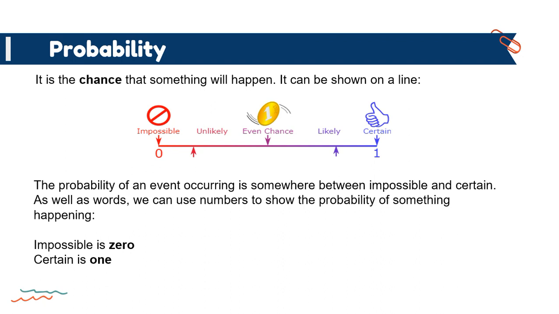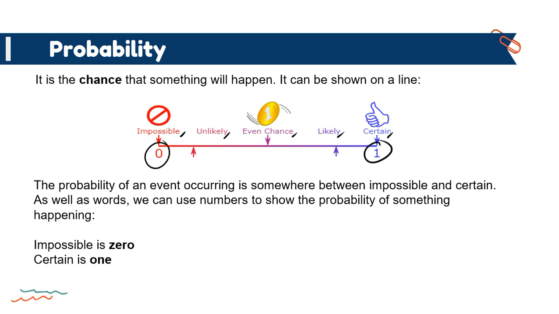Okay. So when we say probability, it is the chance that something will happen. It can be shown on a line. So given here in our probability line, we have impossible, unlikely, even chance, likely, and certain. So the probability of an event occurring is somewhere between impossible and certain, which is from 0 to 1.